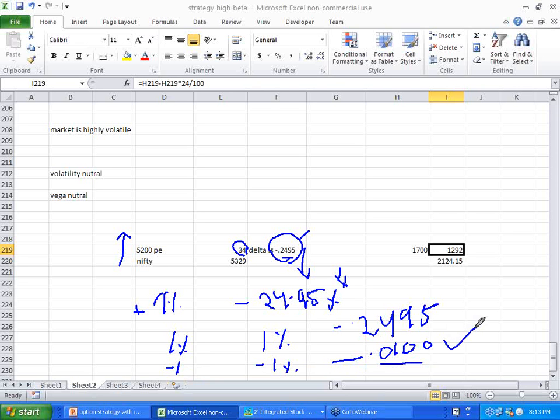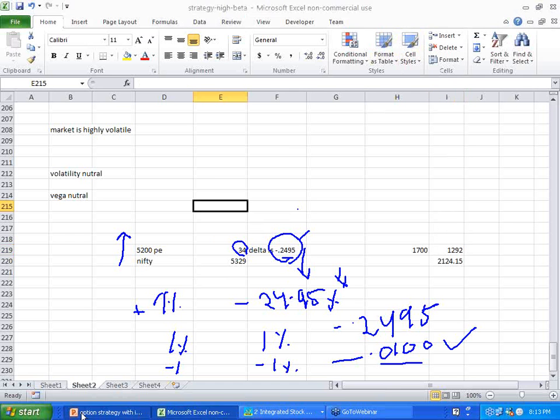How can I reduce it? By buying a call option, or by selling another put option. That is called your strategy. While forming the strategy, we are reducing the risk associated with the money. This is what I have explained: what an option strategy is and why it is taken. The option strategy is taken with the aim to reduce the risk on your capital.